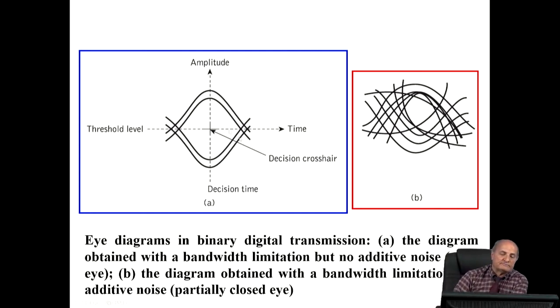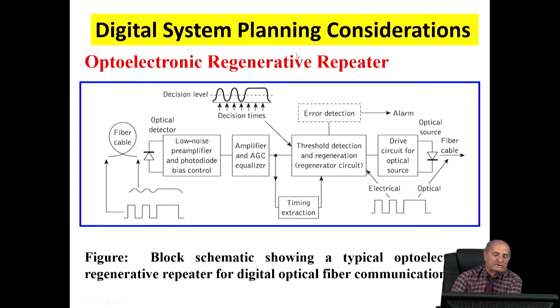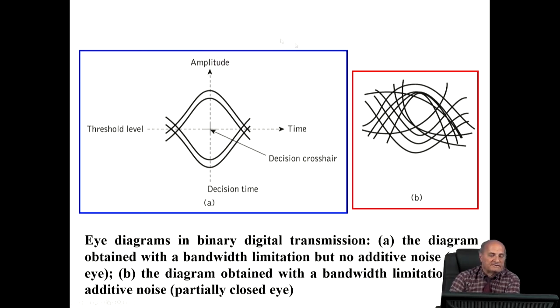If we look here, we see this is the eye opening. It is open. This is logic 1. This is logic 0. This is the decision level. Here the eye opening is clear.